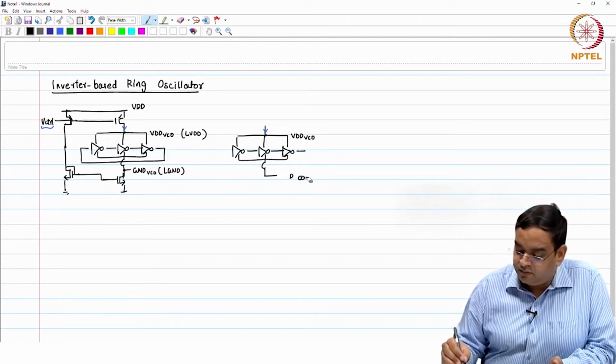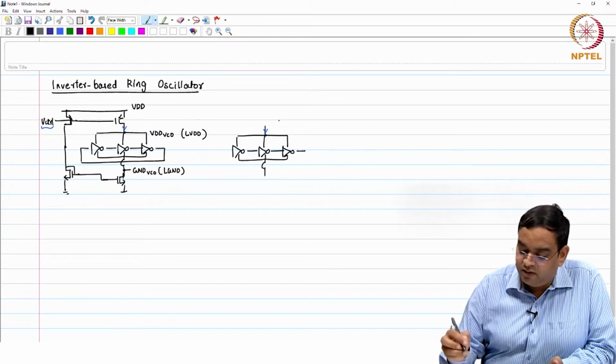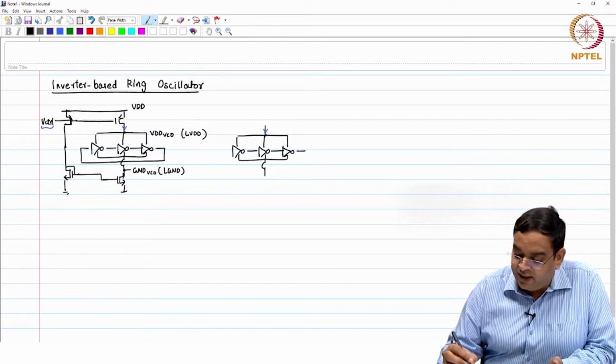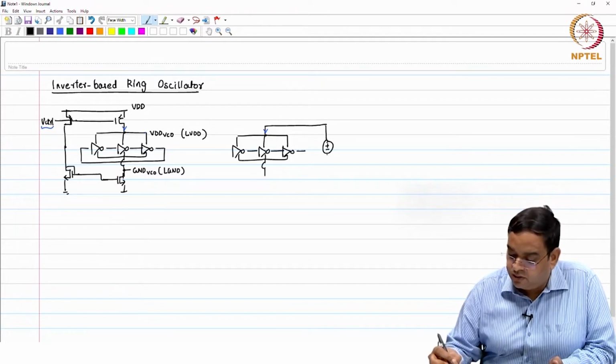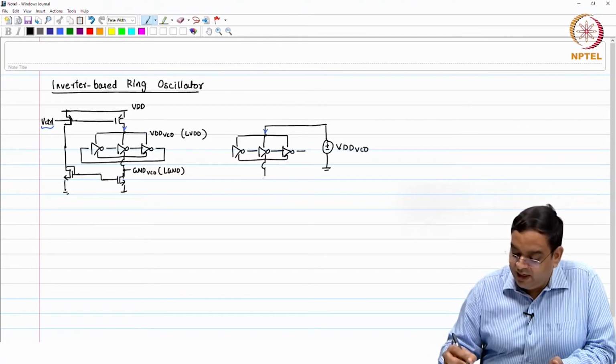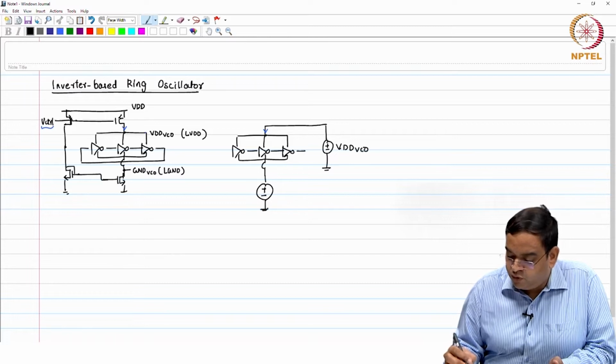To make it more clear, say I have a voltage source whose value is VDD VCO, and another voltage source whose value is ground VCO.